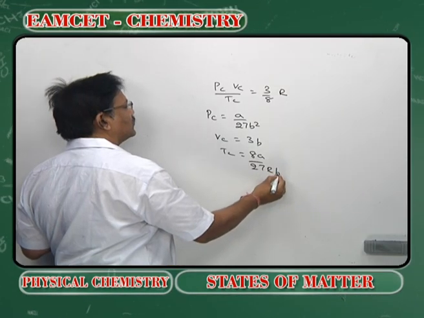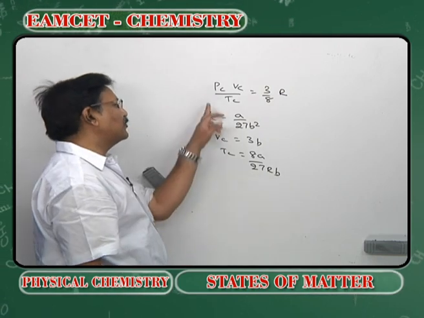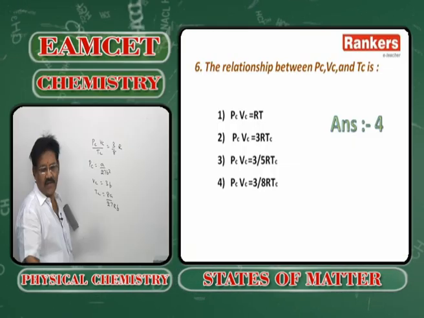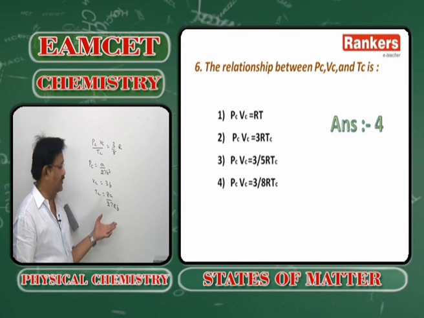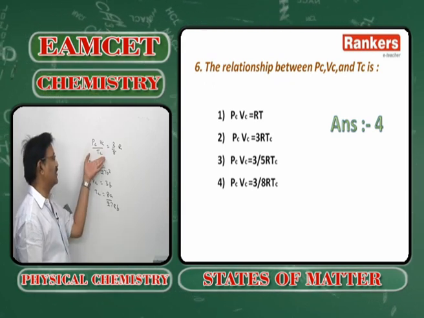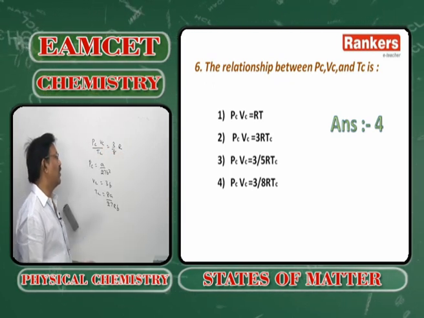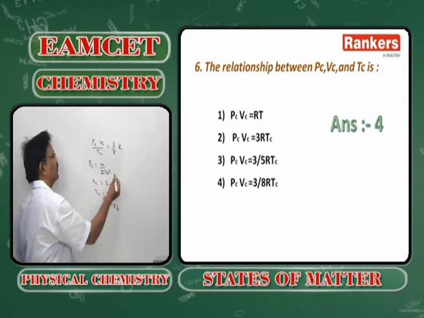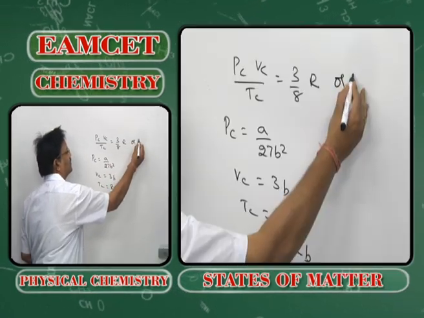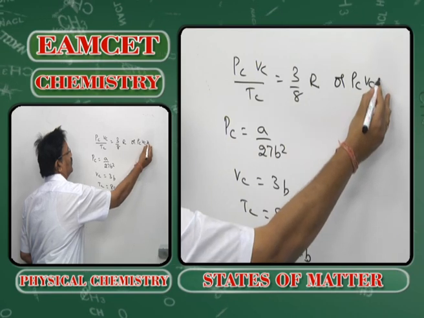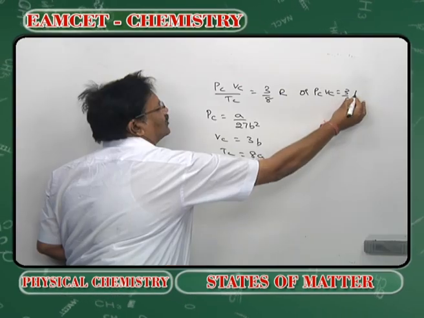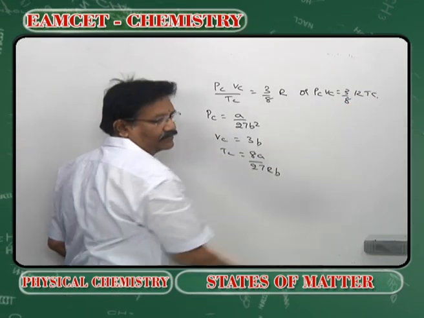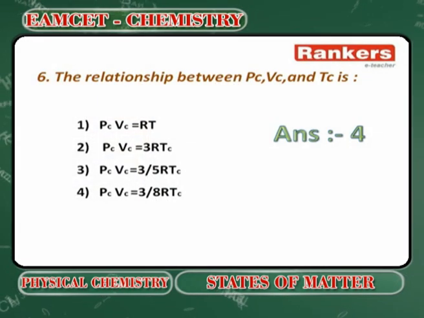If you substitute these values in the above expression, we get that value: PCVC by Tc is equal to 3 by 8 R, or PCVC is equal to 3 by 8 R Tc. Option 4 is the correct answer.